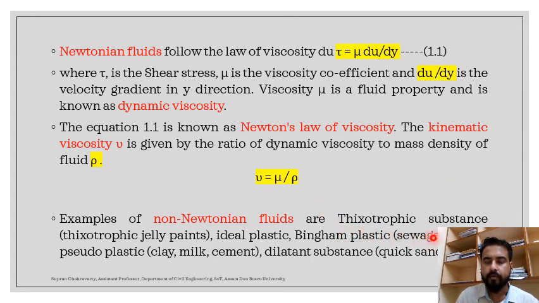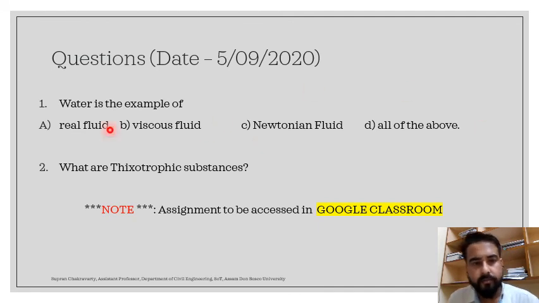I've given one question regarding this thixotropic substance. I want all of you to go through it and write a very short answer about what a thixotropic substance is. So this is it for today, just a very introductory class or lecture, if you may.